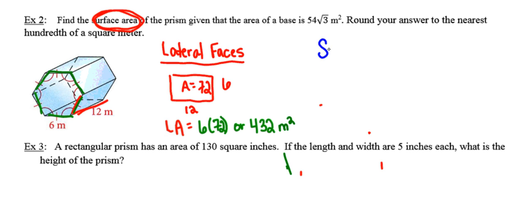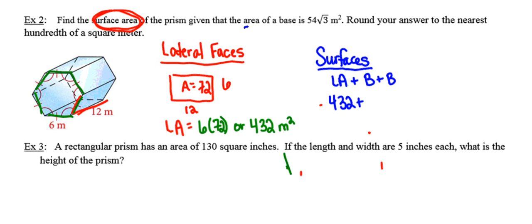The total surface area is going to be the area of those 6 rectangles, or the lateral area, plus the area of the base that's in front and the area of the base on the back. So 432 square meters, plus it tells us that the area of each base is 54 root 3, plus another 54 root 3.